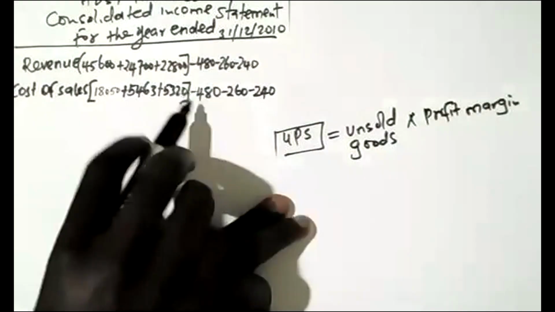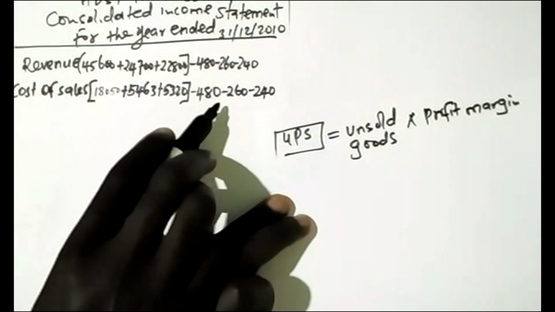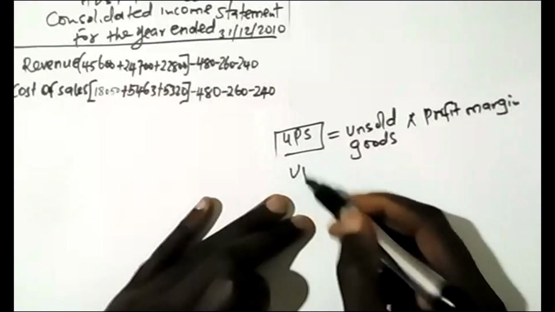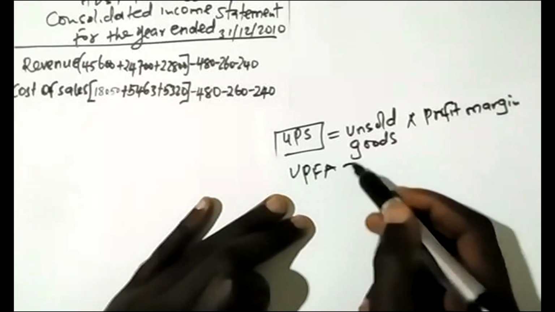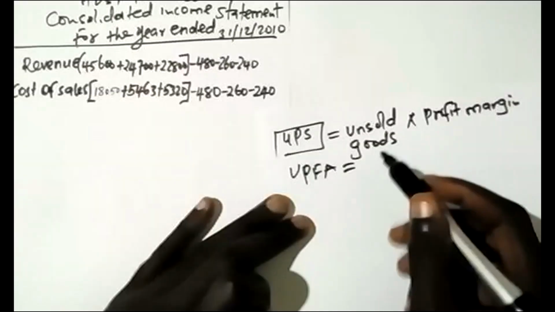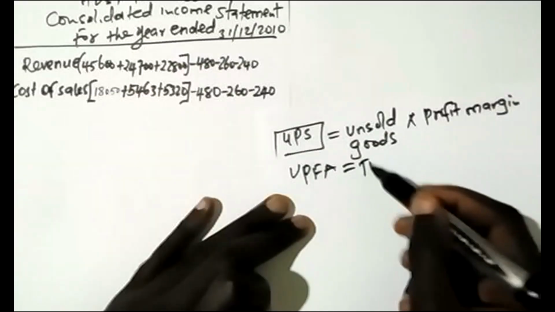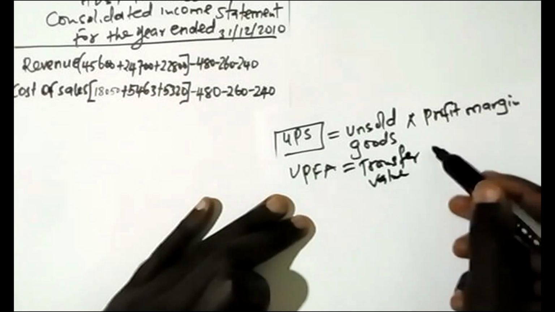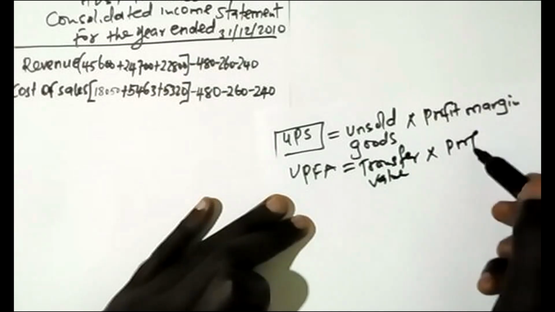So out of these goods, 480, 260, and 240, under 240, remember there was an intergroup sale of a fixed asset. So under that, you need to check UPFA. There is profit on the fixed asset, where you need to check the value at which the asset was transferred, the transfer value of the asset, then the profit margin.